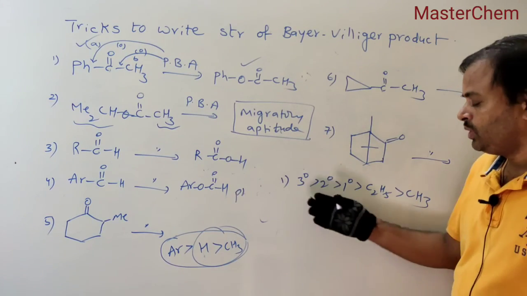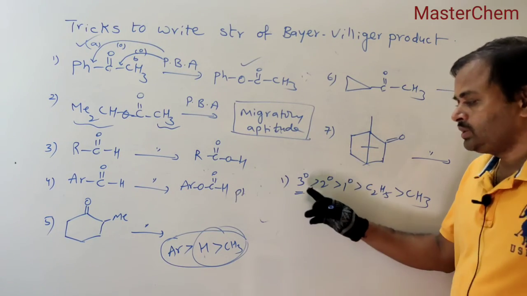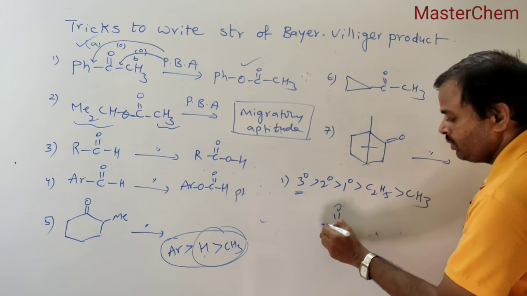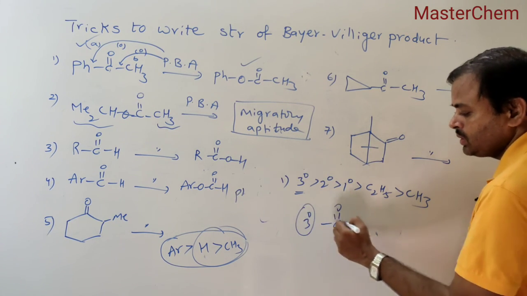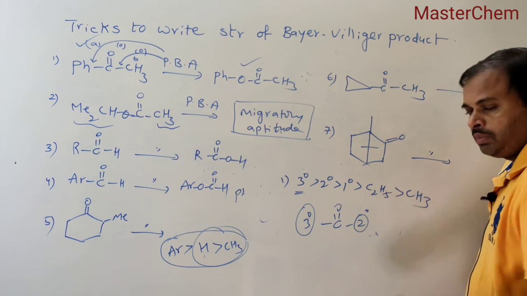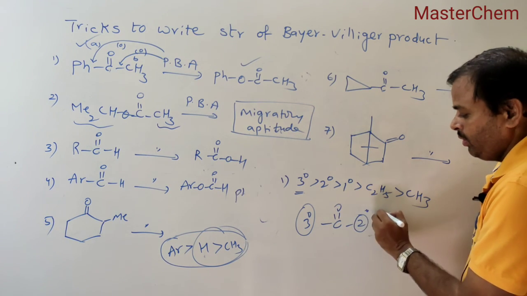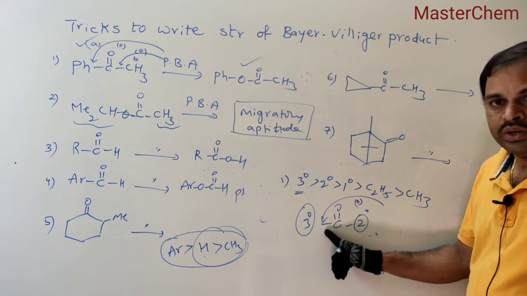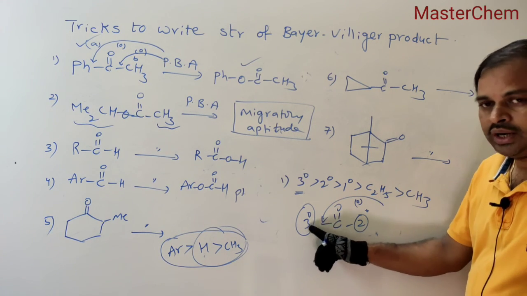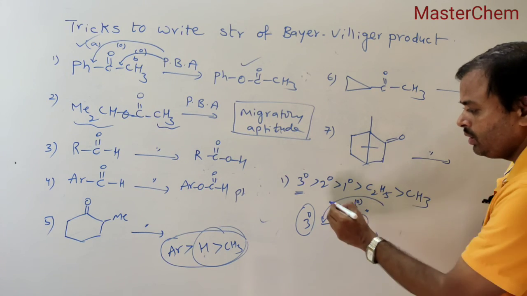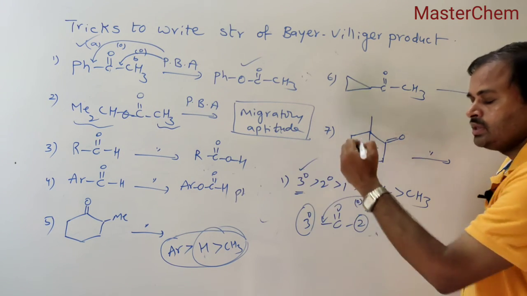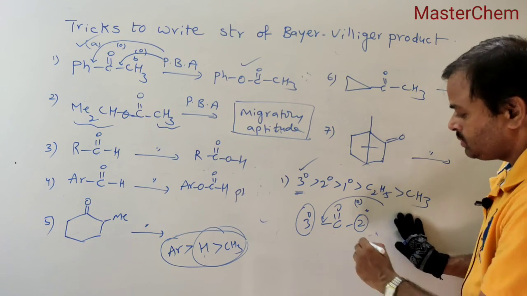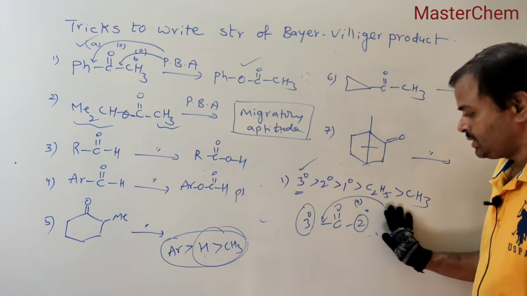If the two competitors around the C=O group are a tertiary alkyl group and a secondary alkyl group, insert oxygen between the tertiary group and the carbonyl group, because it has high migratory aptitude.